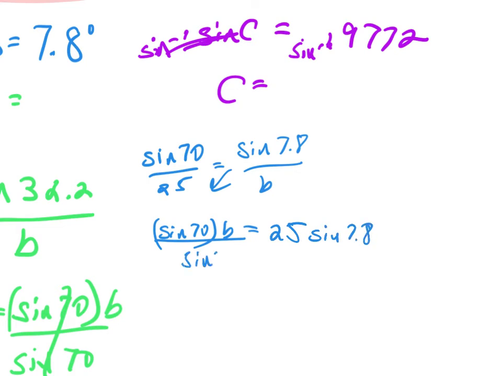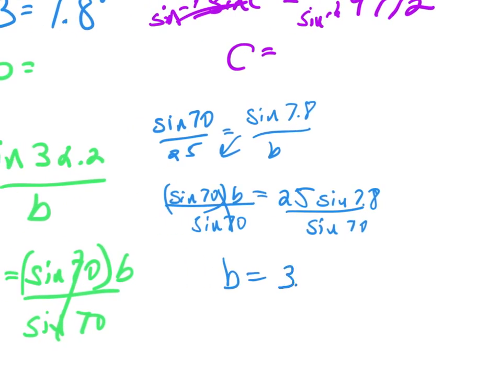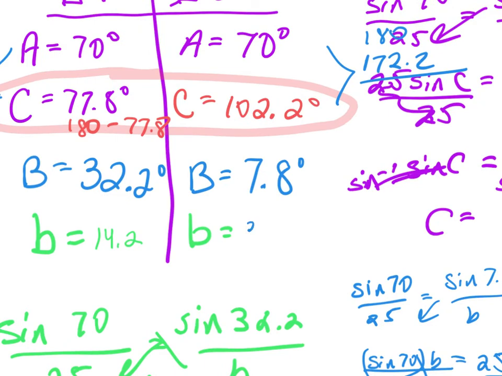Divide both sides by sine 70. And I get B equals 25 times the sine of 7.8 divided by sine 70, and B is about 3.6. So here it's about 3.6.